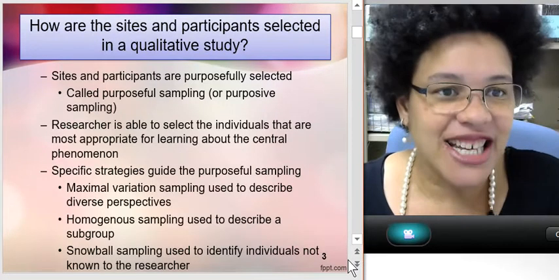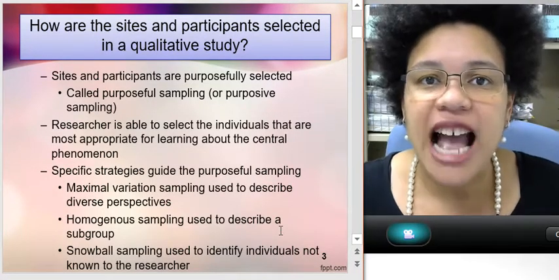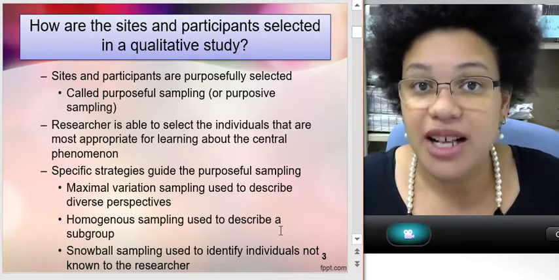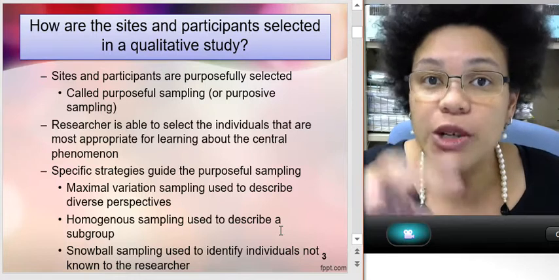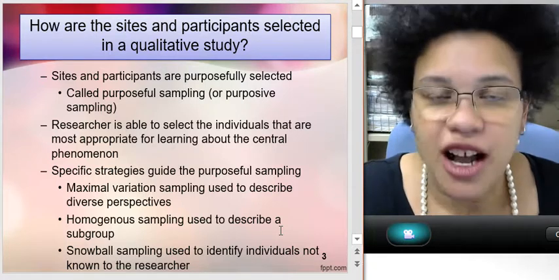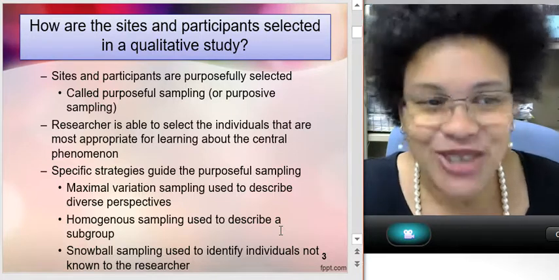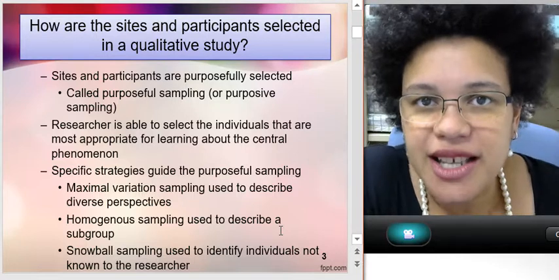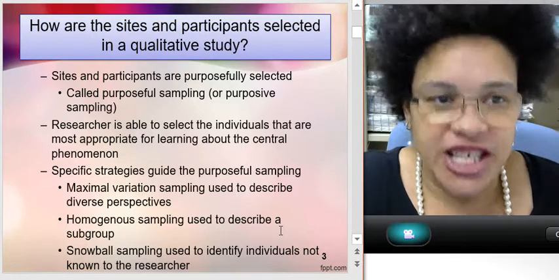Slide 3. How do we select sites and participants in a qualitative study? Now, when we learned about quantitative studies, we talked about random selection when possible, right? With qualitative studies, the selection is very different.